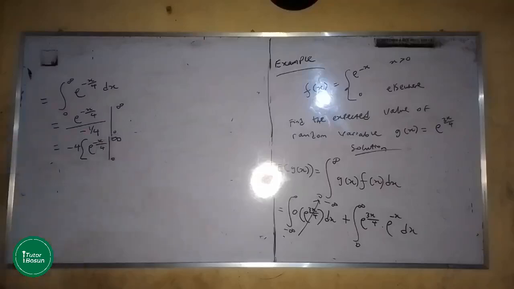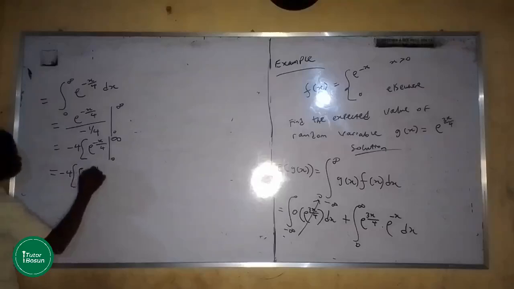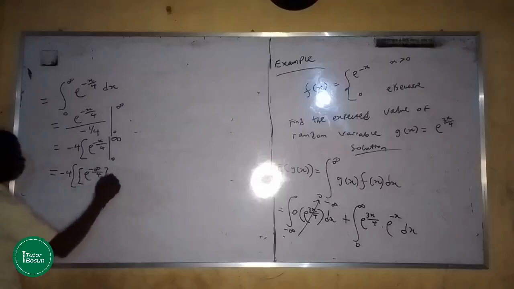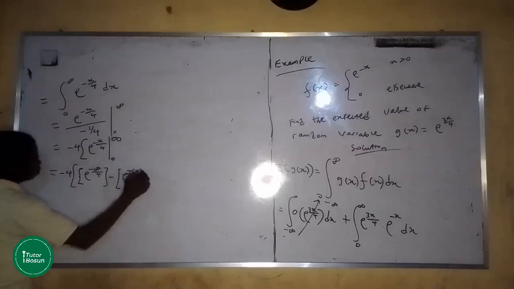So let's use our boundary condition. You have minus 4 into exponential minus infinity over 4, minus exponential minus 0 over 4, which is also 0.